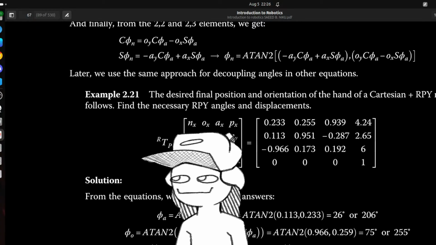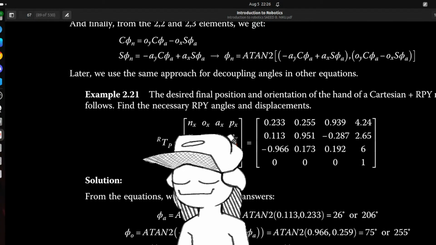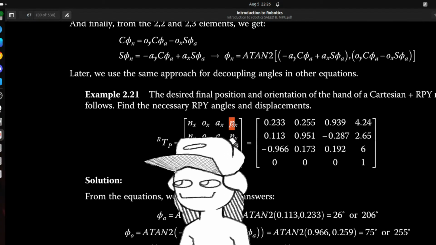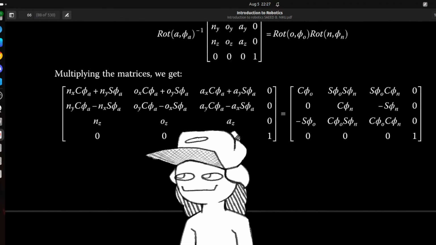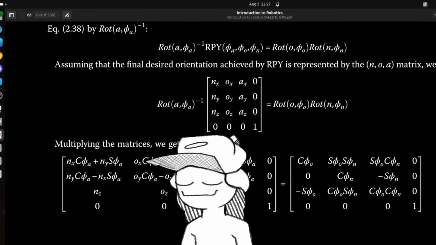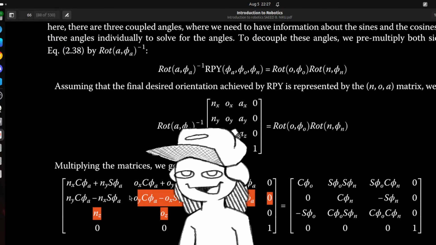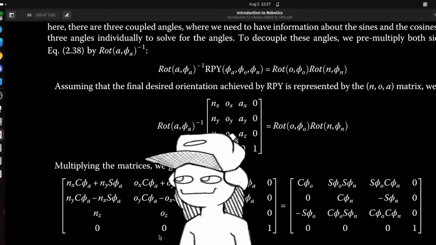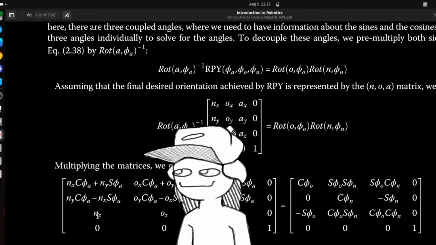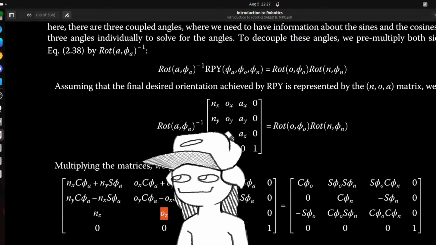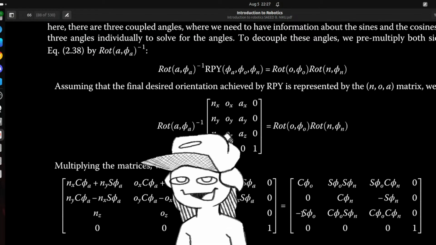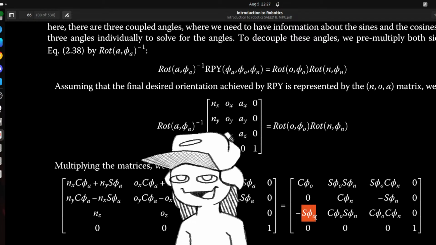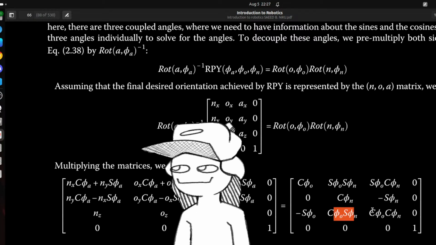PX, PY, PZ is determinable, obviously. And for the orientation, we need this, specifically NOA as minus sin theta, this and this.